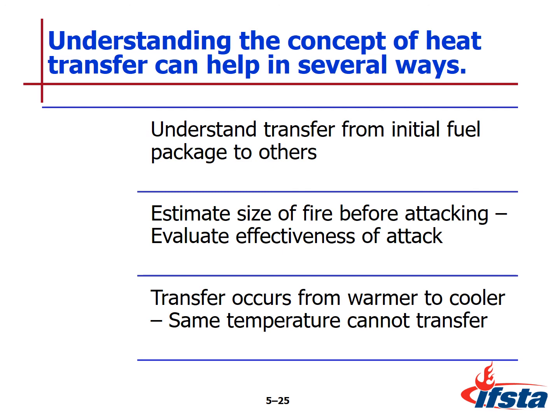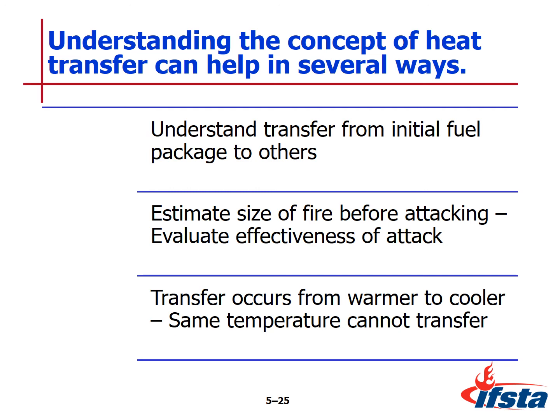Understand what other outside structures are available that could be a hindrance to putting the fire out, or possibly be another structure we need to worry about. As we're doing that 360, we get an idea of the size of the fire. Do we have a little bit of smoke rolling out a window?